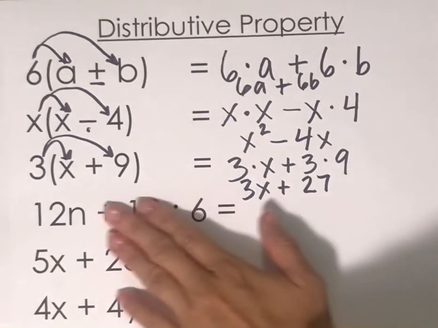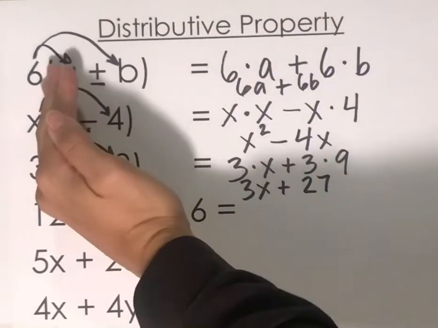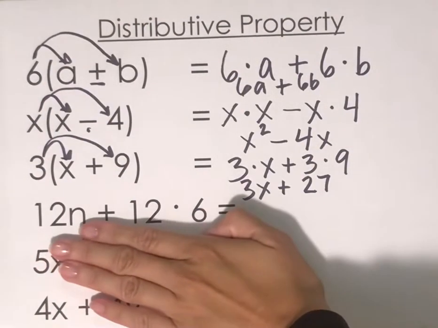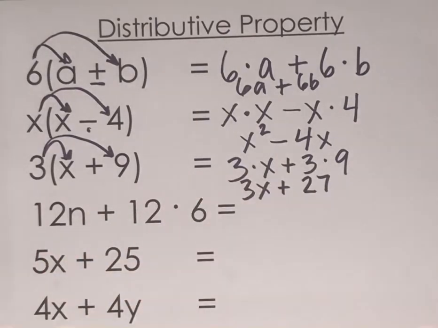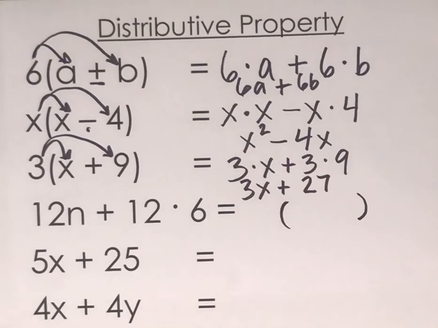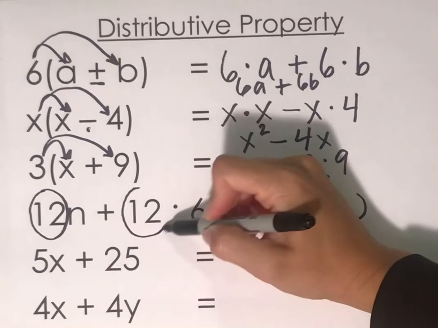Okay, here's another one. Now this one, we're going to work going this way. Now we're going to flip our direction, okay? So now we're going to put this into parentheses using the distributive property. So that's where we're going to go in the opposite direction. So when we go the opposite direction, this time we're looking for a common factor. So as you can see, I have a 12 and a 12.